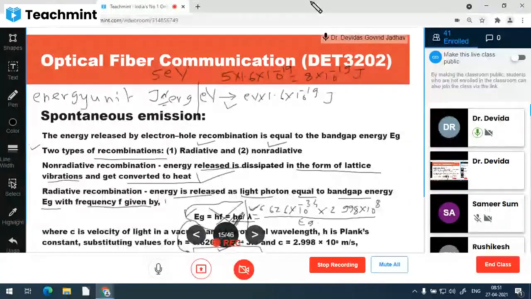Similarly, the other way around, if you want to convert joule into electron volt, then joule divided by 1.6 into 10 raised to minus 19 is the electron volt. So these are the conversion formulas.